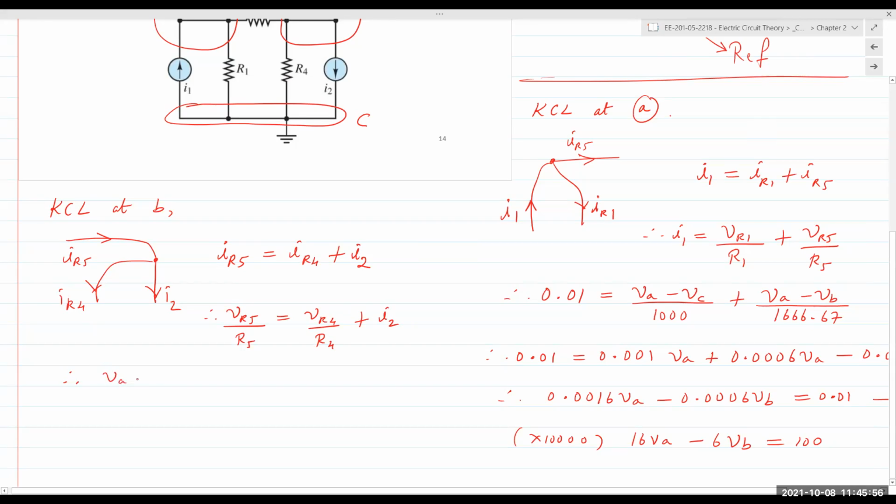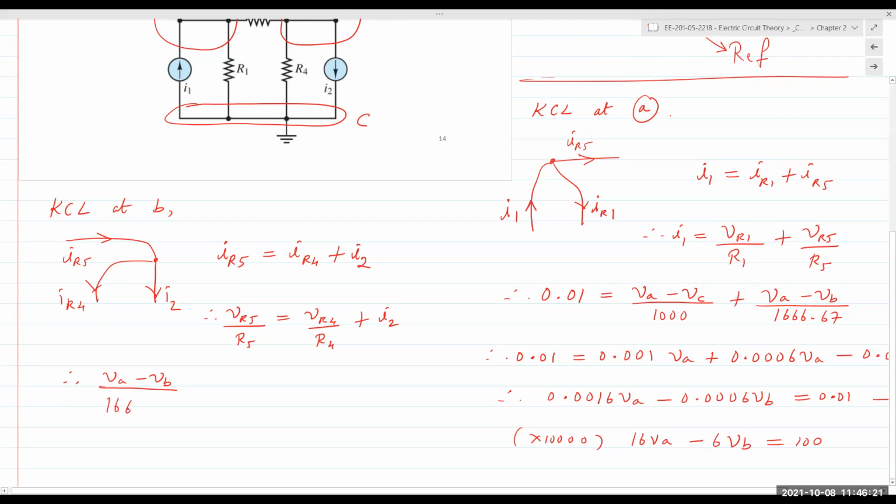VR5 still remains VA minus VB. The assumption that you make at the beginning of the problem cannot change halfway through the problem. So if you assume your current direction going left to right at the beginning, it still remains left to right. And so that means VA minus VB for VR5. You cannot change your assumption midway through your solution.